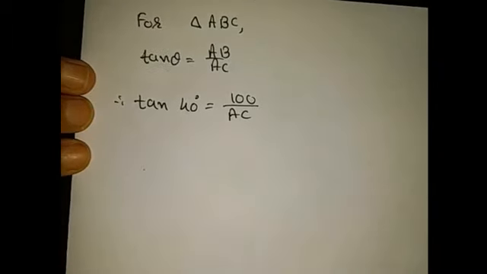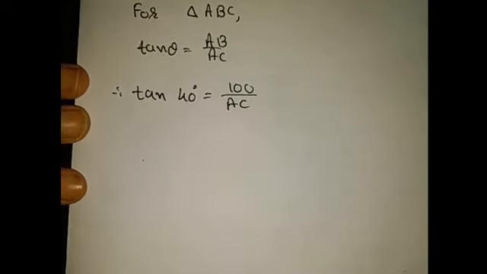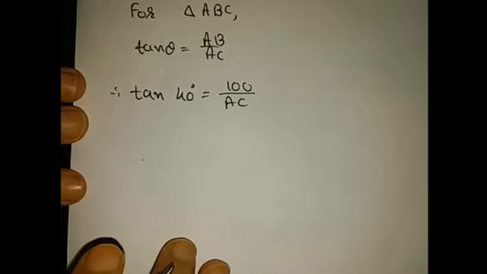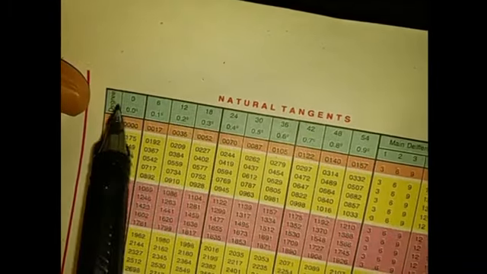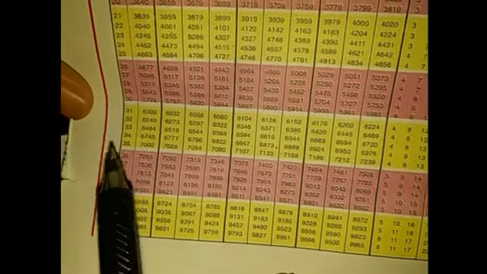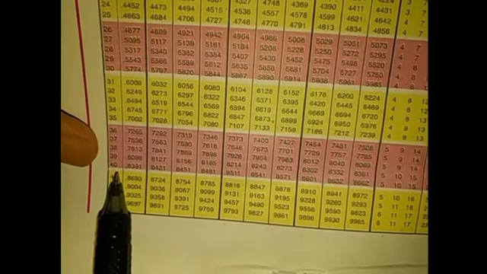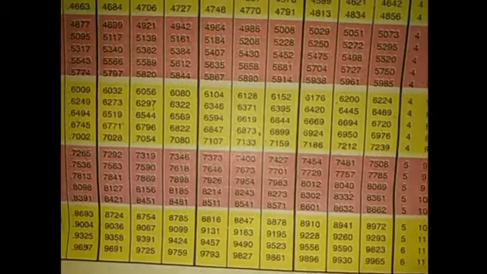Okay. Now tan 40 की value कहाँ से लेंगे? Tan 40 की value you can find it from the log table. In log table you have to open the page of natural tangent. नेचुरल टेंजेंट ये डिग्री 1 2 3 4 5 6 यहाँ से मिला मुझे 40. So this is 40. Okay, can you see it properly?